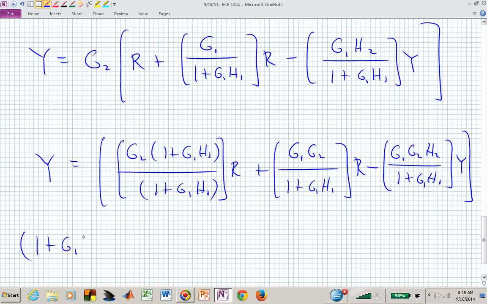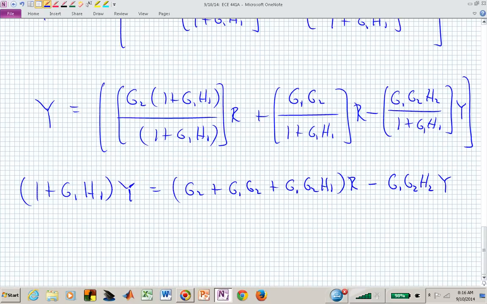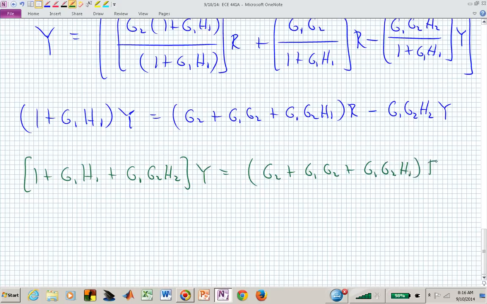Now I have 1 plus G1 H1 times Y equaling, and I can combine a lot of those pieces that are scaling R. I have G2 plus G1 G2 plus G1 G2 H1 times R, minus G1 G2 H2 Y. Let me pull the Y over to the left, and I now have 1 plus G1 H1 plus G1 G2 H2 times Y equaling G2 plus G1 G2 plus G1 G2 H1 times R.